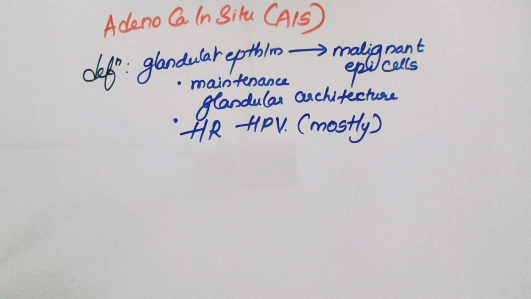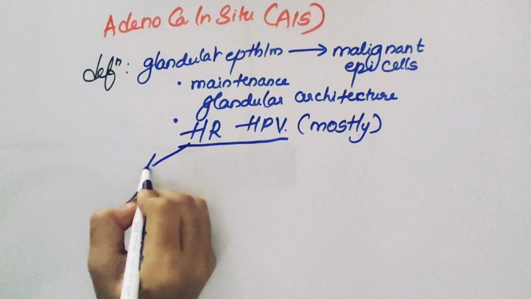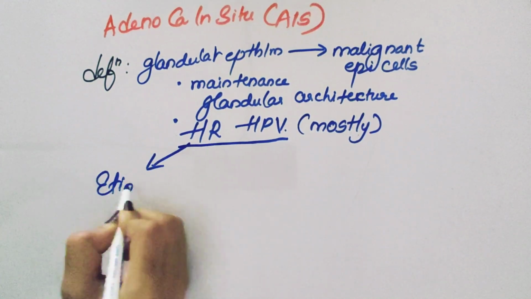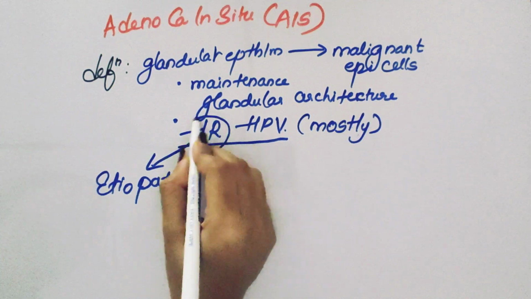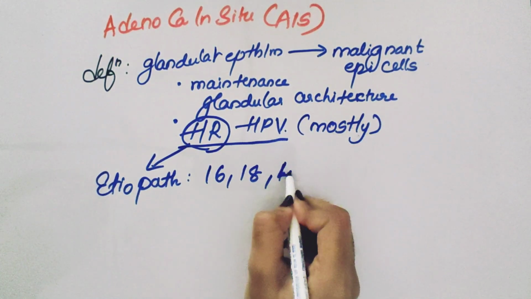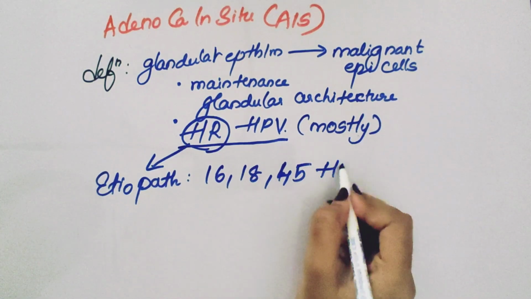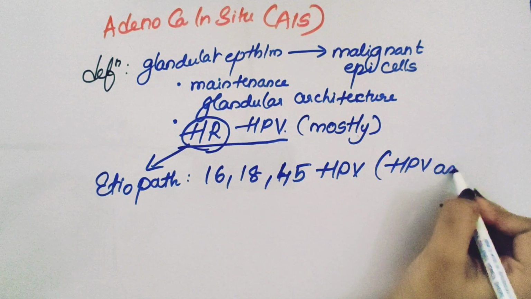So adenocarcinoma in situ also will be mostly high risk HPV associated. So from here HPV itself, you got the etiopathogenesis, that is high risk HPV virus 16, 18 and 45. Okay, now this is for HPV associated.